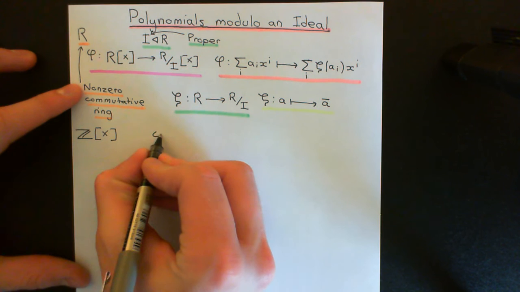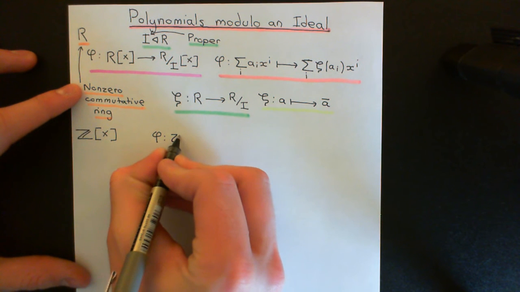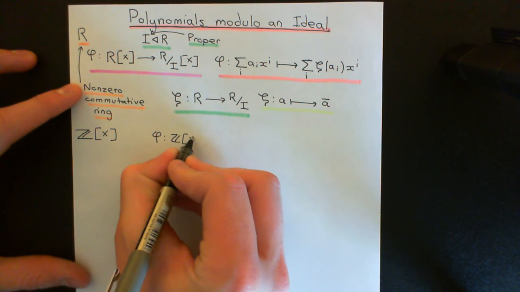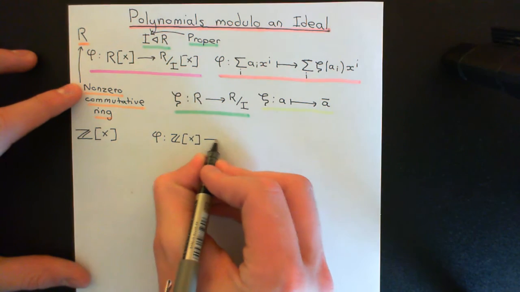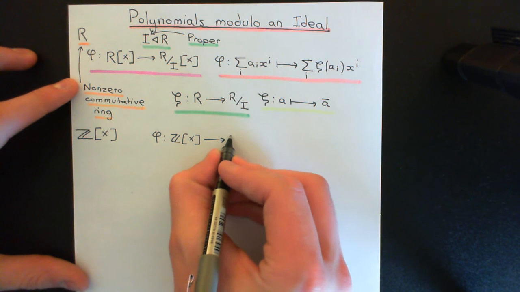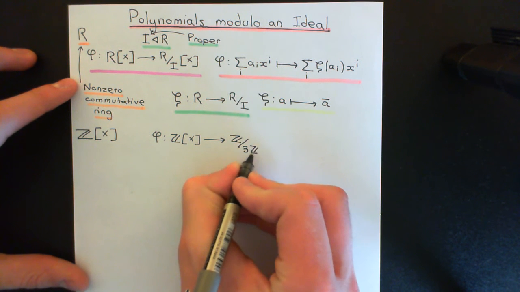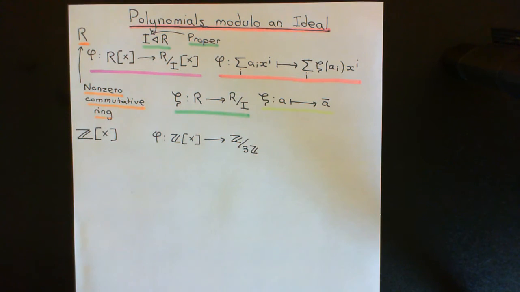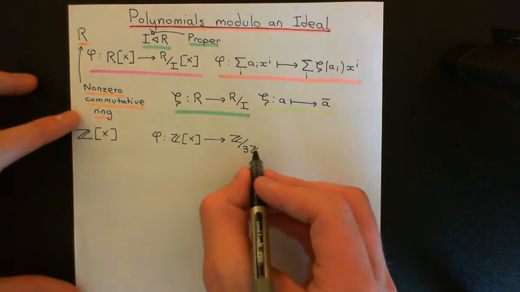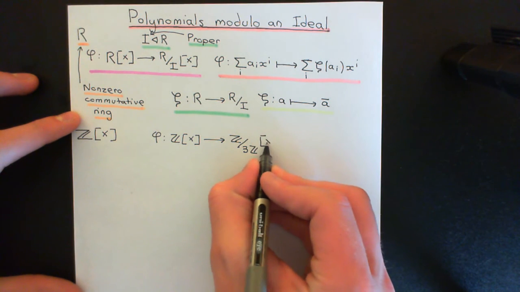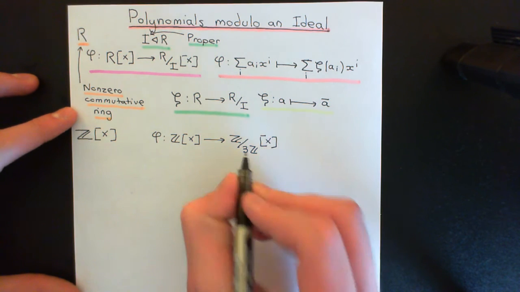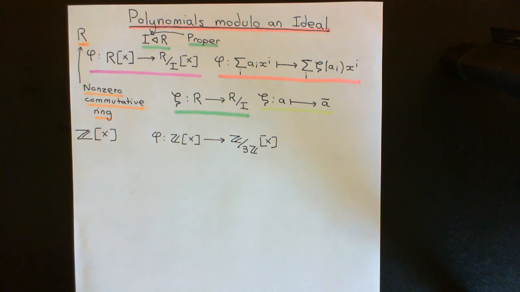Let's have phi going from the ring of polynomials with coefficients in the integers into, now which ideal shall I choose? Shall we just have modulo 3Z, the principal ideal generated by 3, all multiples of 3. We're now going to have this polynomial ring where the coefficients are in Z mod 3Z.